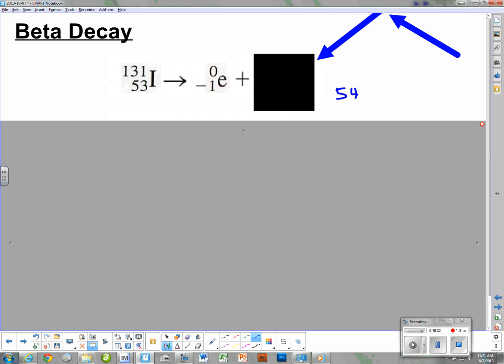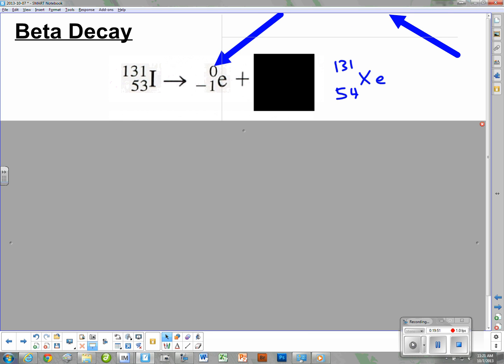So that gives us the symbol. Who is it? 54. Xenon. A xenon. And what's the number on the top have to be? 131, right? Because we have the beta particle with a 0 mass number.